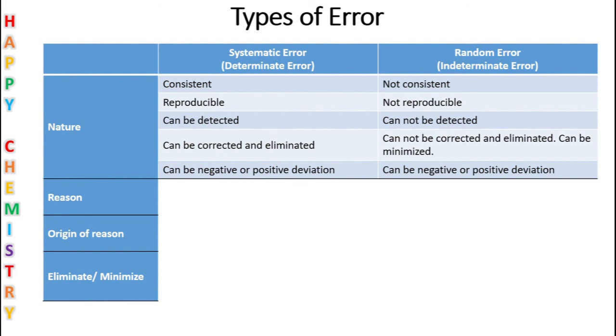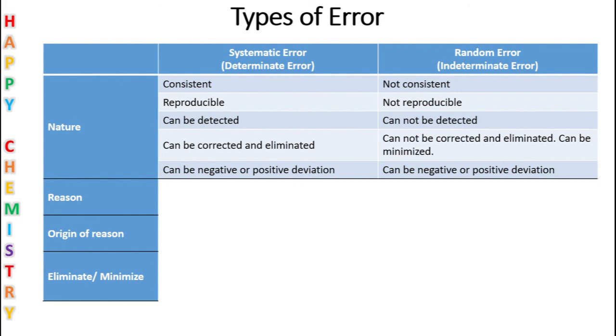It cannot be detected. Therefore, random error cannot be corrected or eliminated. However, certain ways can minimize random error. Both systematic and random error can be negative or positive deviations.